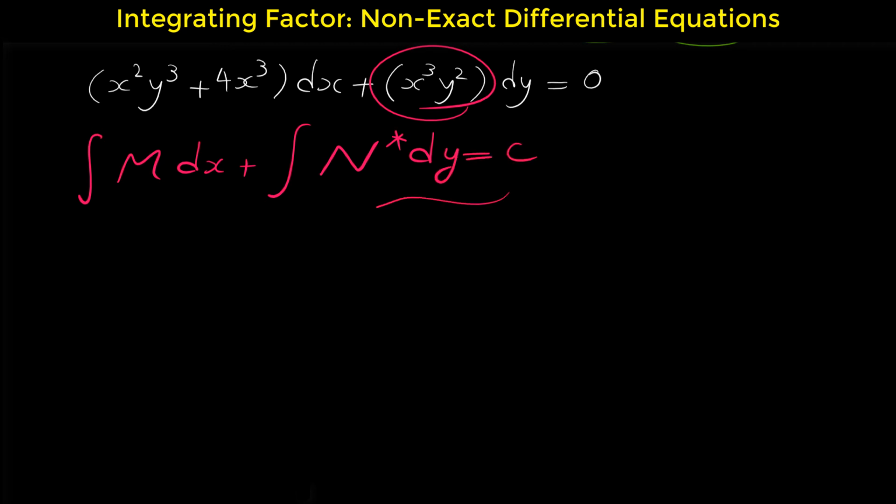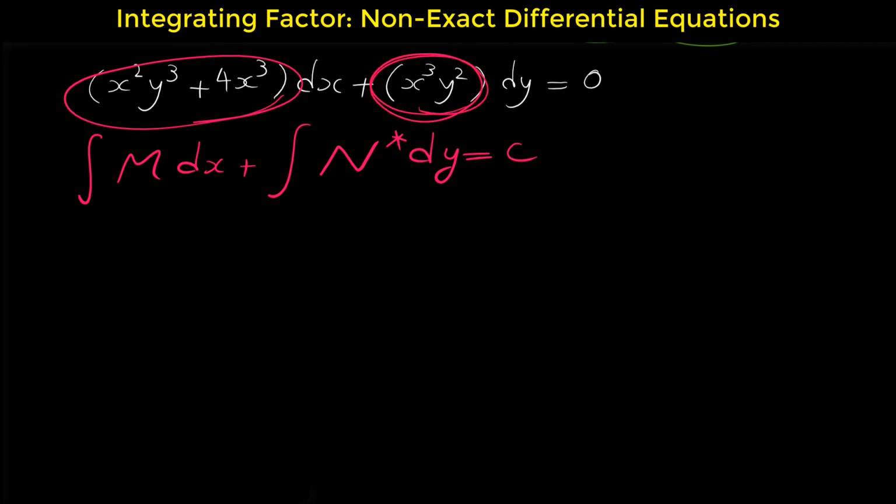If you remember, this was the shortcut method. So we integrate whatever is in m, but when we want to integrate n, we only integrate the terms without x, the terms that are independent from x, that are not a function of x.